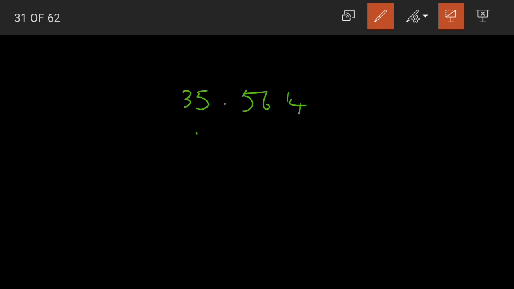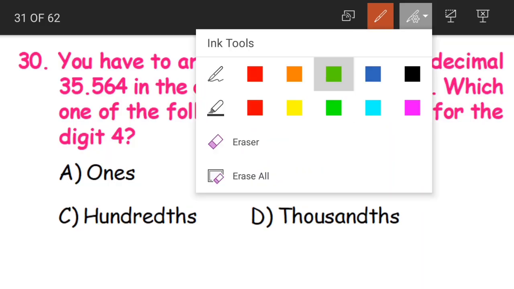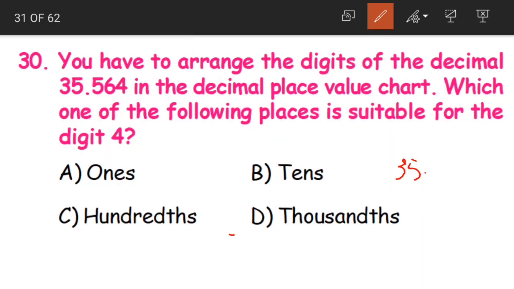Let us write the place values. For the whole number part we have ones and tens. For the decimal part we have tenths, hundredths, and then thousandths. So the place value of the digit 4 is thousandths. The place is option D, thousandths place.